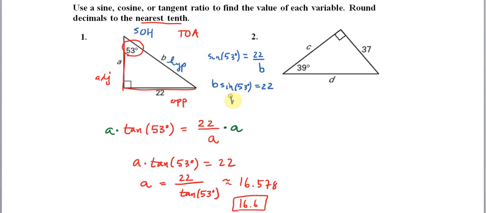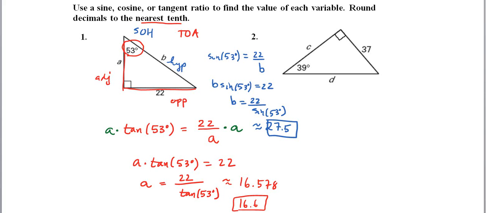Then divide both sides by sine of 53. And again, I want to round that off to the nearest tenth, and that's going to give me approximately 27.5 as my final answer for the value of b.